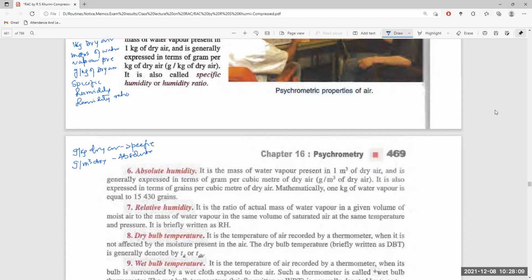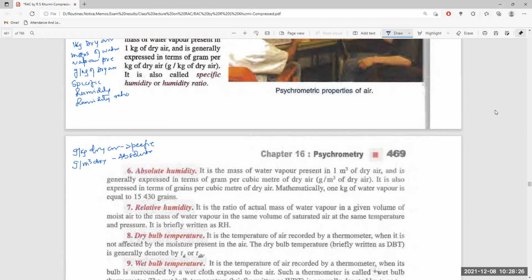Then relative humidity. It is the ratio of the actual mass of water vapor in a given volume of moist air to the mass of water vapor in the same volume of saturated air, at the same temperature and pressure.